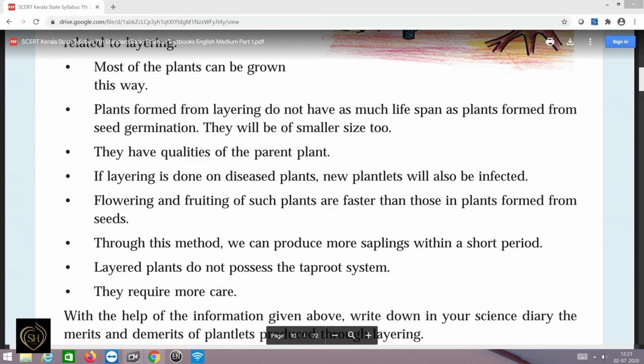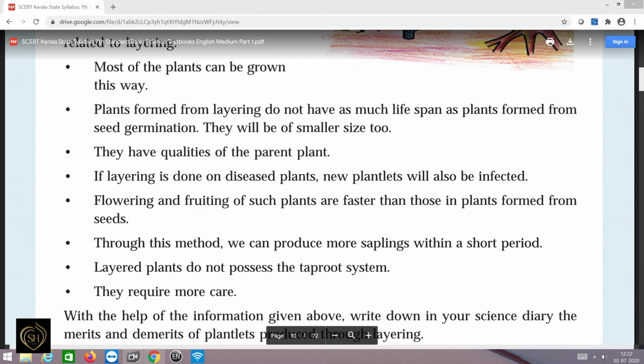This is a demerit of layering. Next, they have the qualities of the parent plant. That is a merit. Next, if layering is done on diseased plants, new plantlets will also be infected. That is a demerit. If you layer a diseased plant, the saplings produced also have that infection.